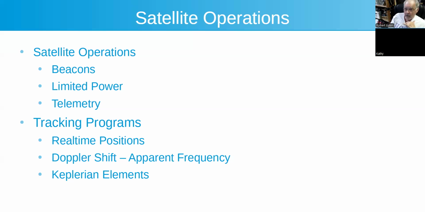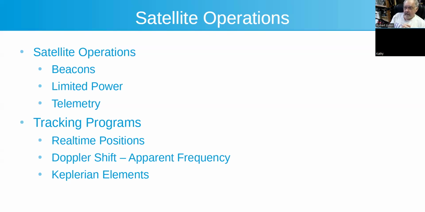So if you send a very strong signal to the satellite, it's going to try to rebroadcast that signal through its transponder at a high power, which means it's going to take power away from other signals that it might be receiving. So it's recommended that you don't try to use any more power than necessary when you're talking to a satellite.